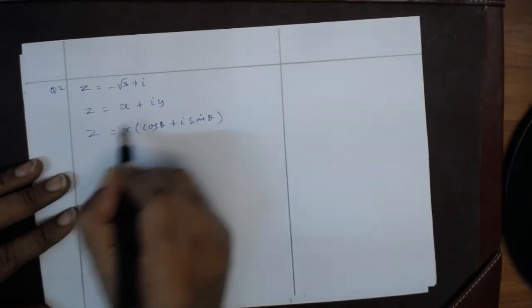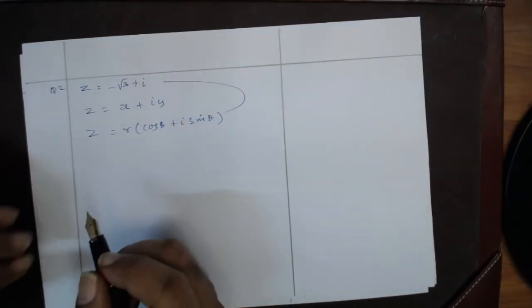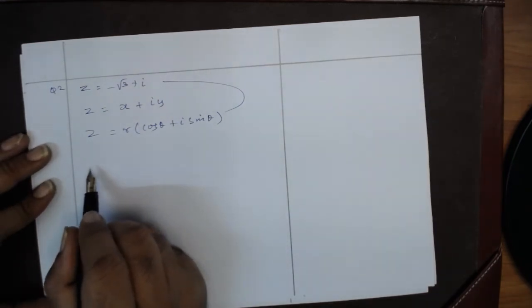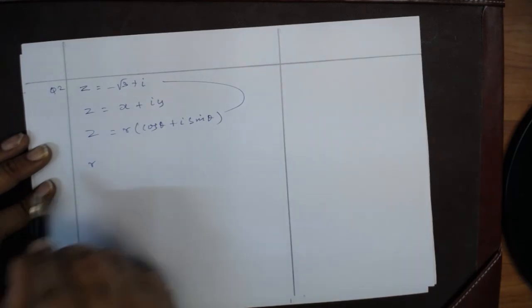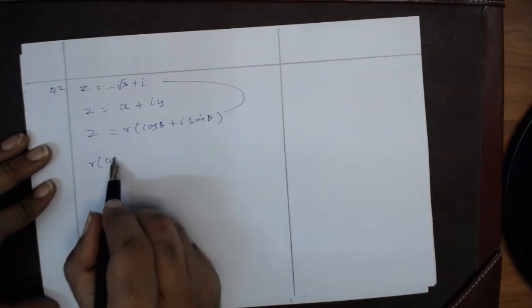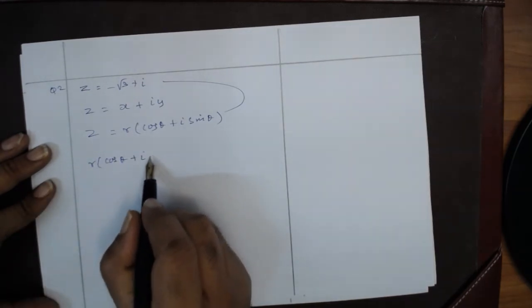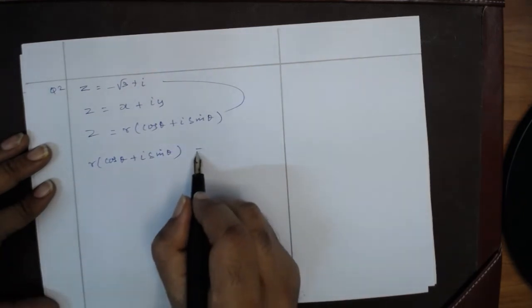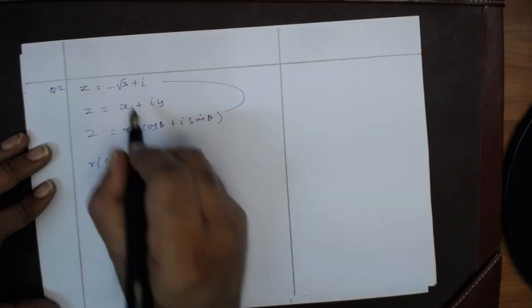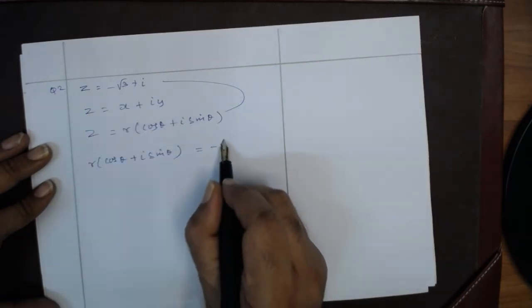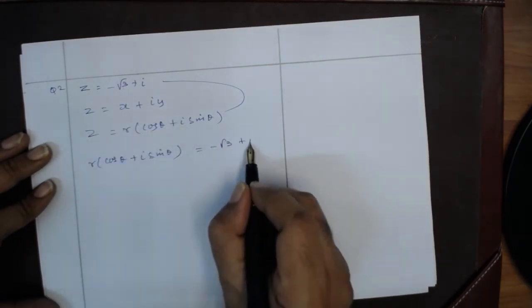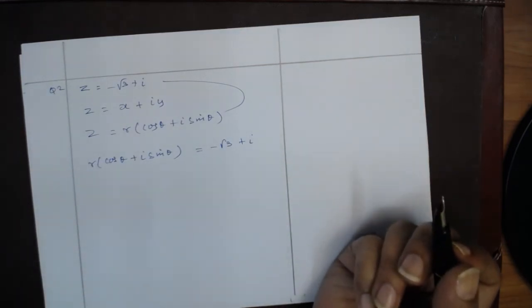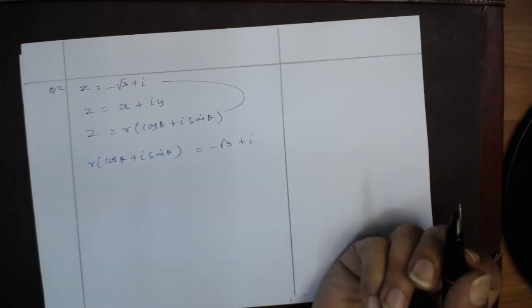So that is z. Here we can compare. Therefore r of cos theta plus i sin theta is equal to how much? Here minus root 3 plus i. Correct?